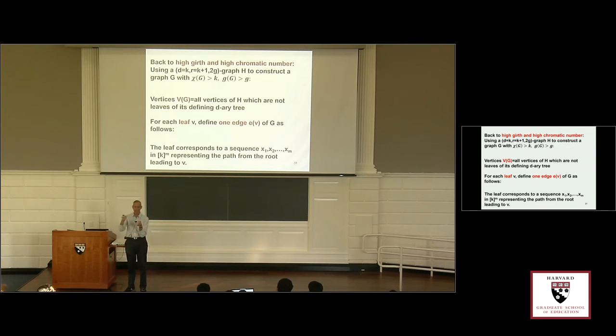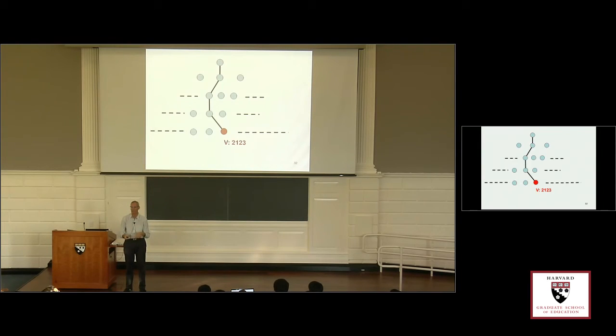A leaf naturally corresponds to a sequence leading from the root to the leaf. So it's a sequence x1 up to xm, where m is the depth of the tree in k to the n, because the tree is a k-ary tree. Actually, maybe it's better to look at a picture.